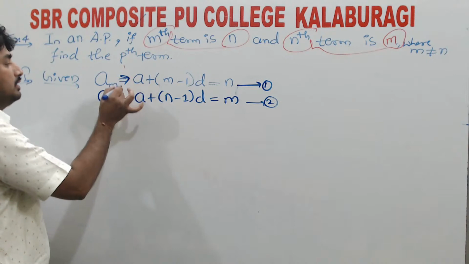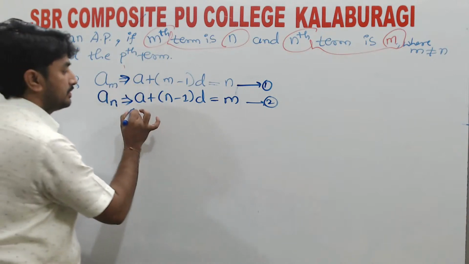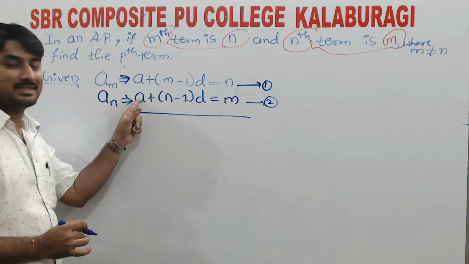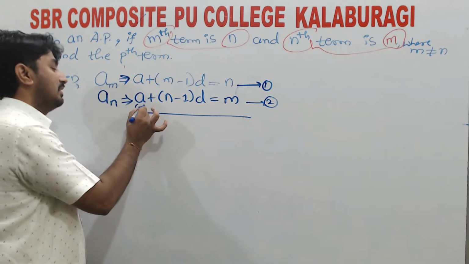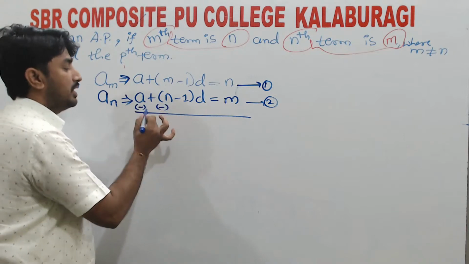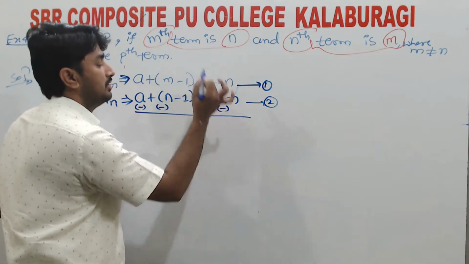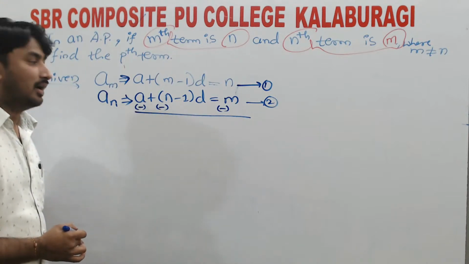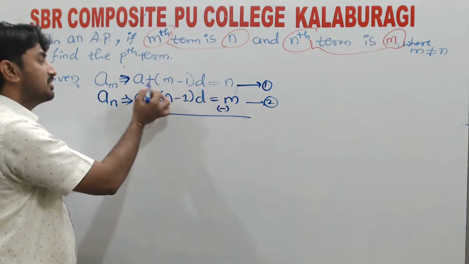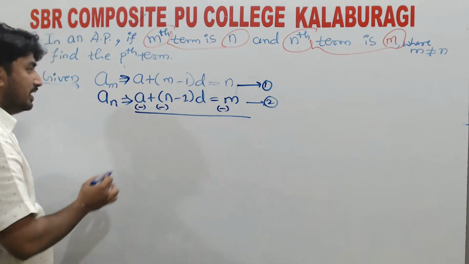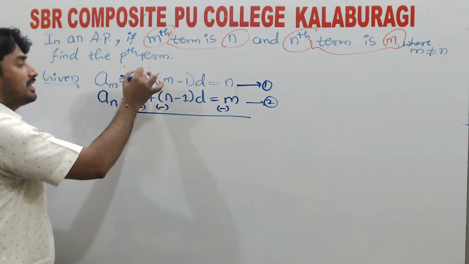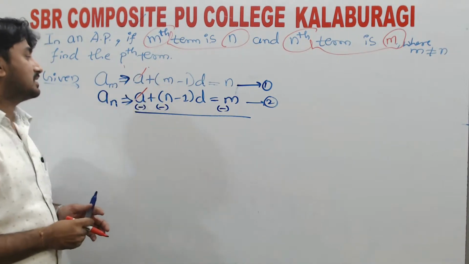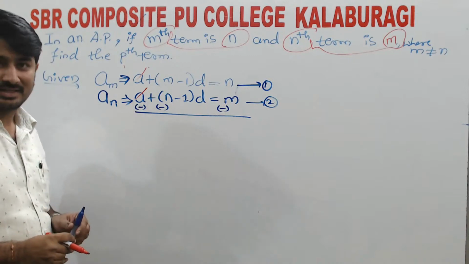Subtracting these two equations: take the plus signs and change them to minus, and change all the signs, and you will get the value of either the common difference or a. Here a and a cancel, plus a minus a cancelled.